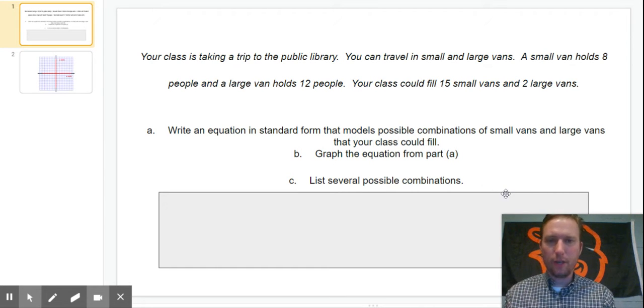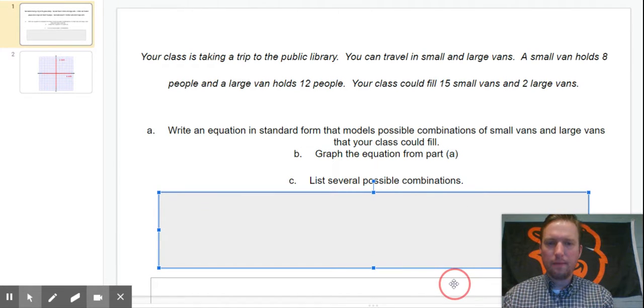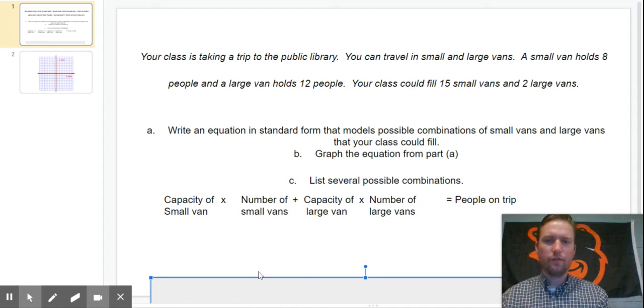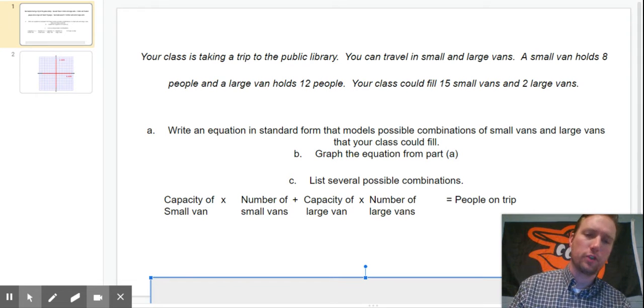So the first thing we're going to do is wrap our minds around this and write an equation in standard form that models possible outcomes. What I did is write out the idea behind it: the capacity of the small van times the number of small vans plus the capacity of the large van times the number of large vans equals the people on the trip.